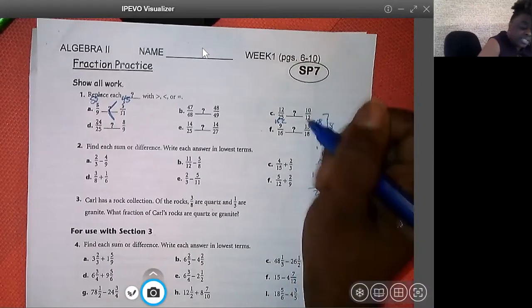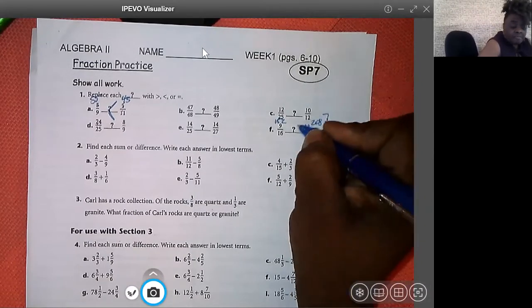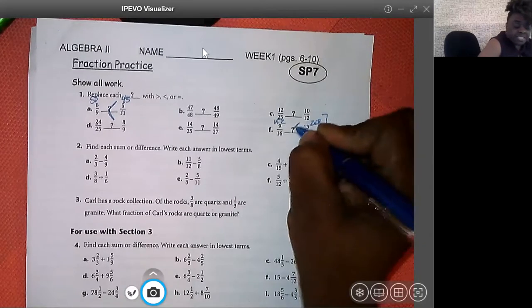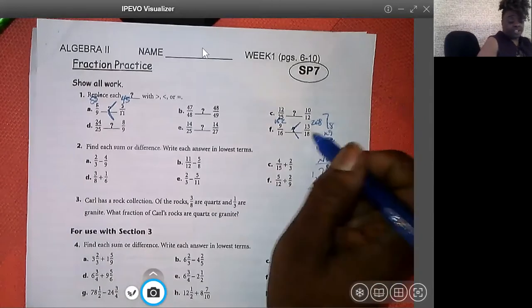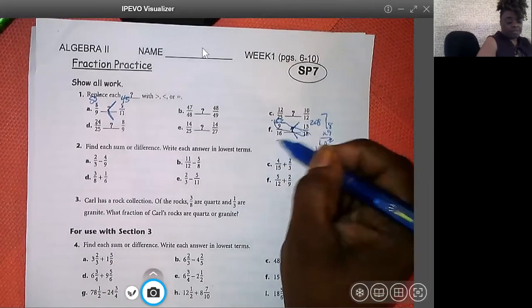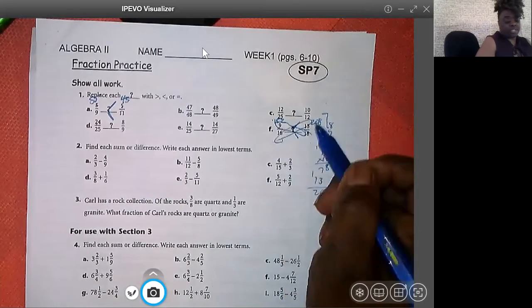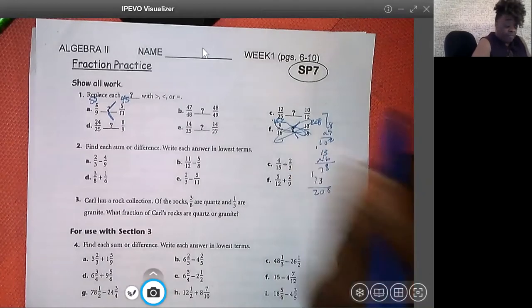So in this case, once again, 9/16 is less than 13/18. So you're just cross producting, going across, getting that numerator, doing the same thing on this side, and whichever one is greater, that's where you put the open-ended figure to.